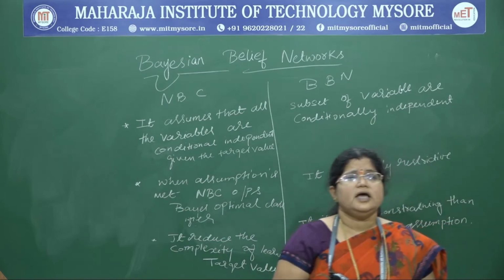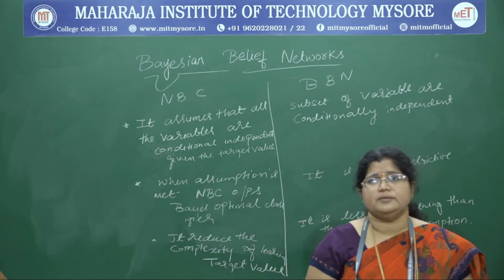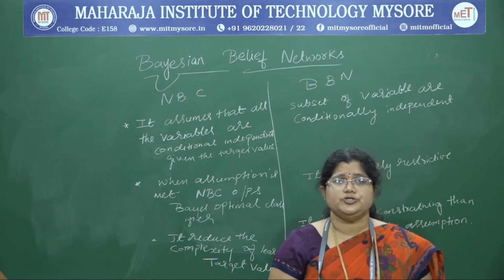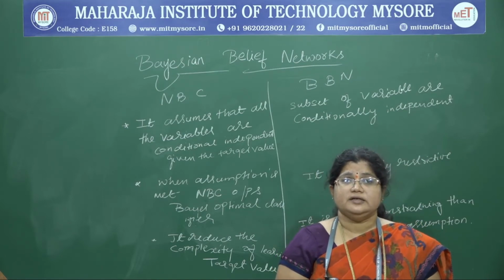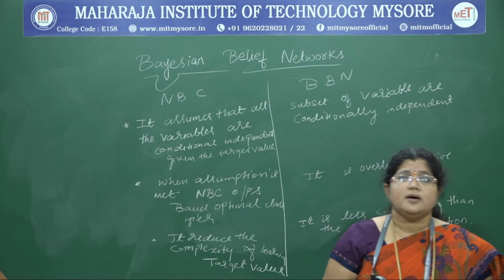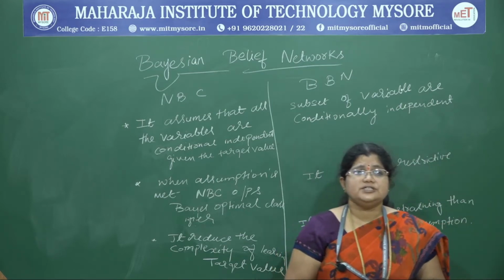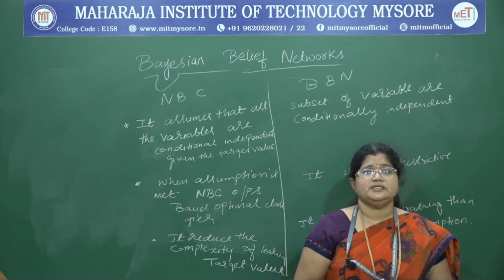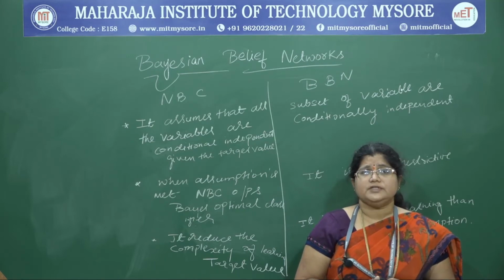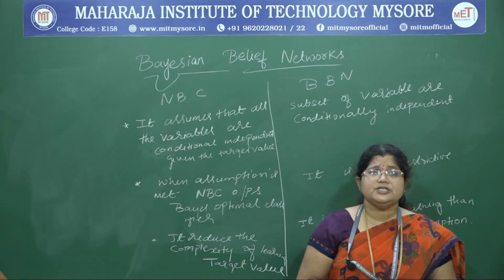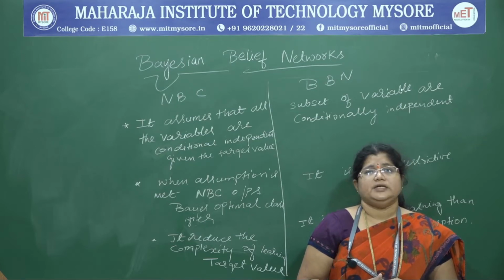We can say that a Bayesian belief network describes the probability distribution governing a set of variables by specifying a set of conditional independence assumptions along with a set of conditional probabilities.